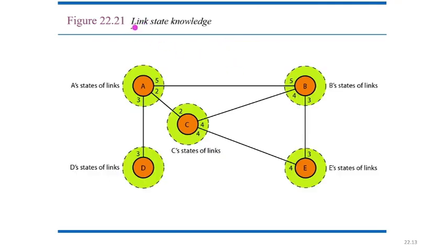Link state knowledge in the sense that initially each node will have knowledge of only its own links, like 3, 2 and 5. But after flooding and getting to know the status of each of the links, they will know the information about the complete links and their costs.